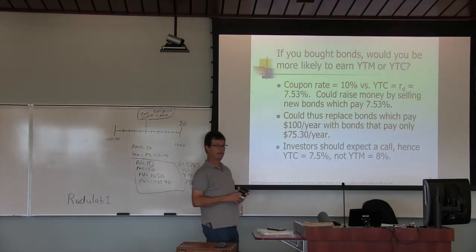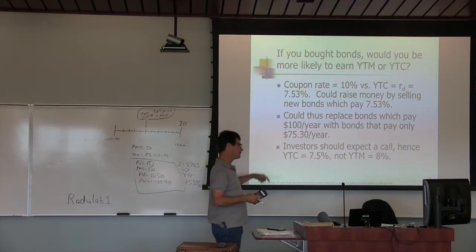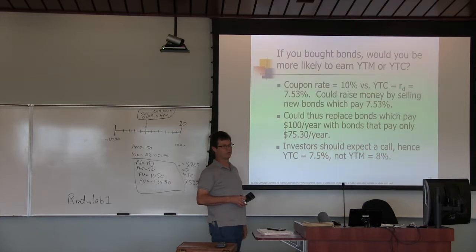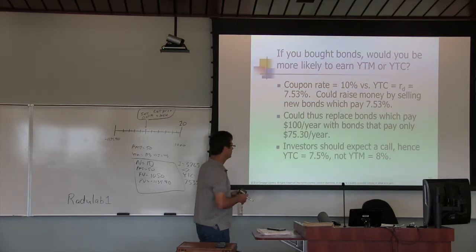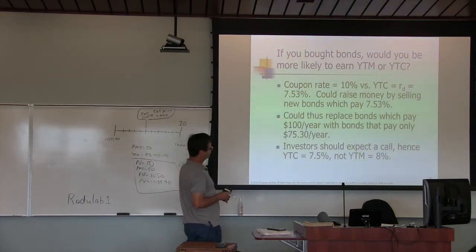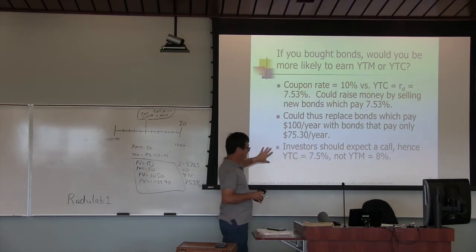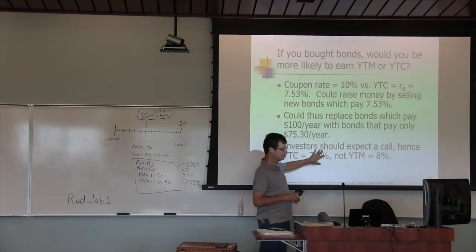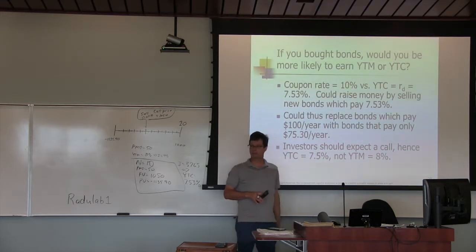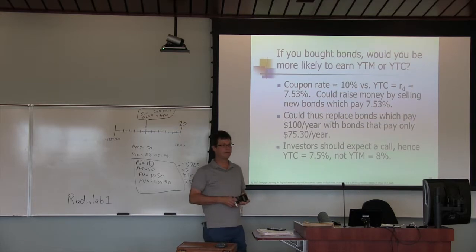And once they buy those back using the call provision, they could raise some more capital at the lower 7.53%. Okay, so that's what investors would be expecting at this point, that it would be getting called. So the returns on this bond that they should be expecting should be the 7.53%, not that yield to maturity of the 8%.